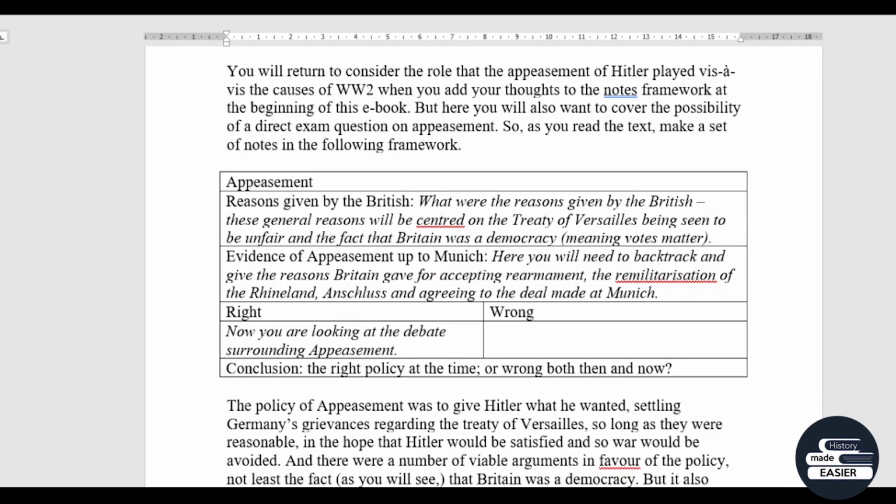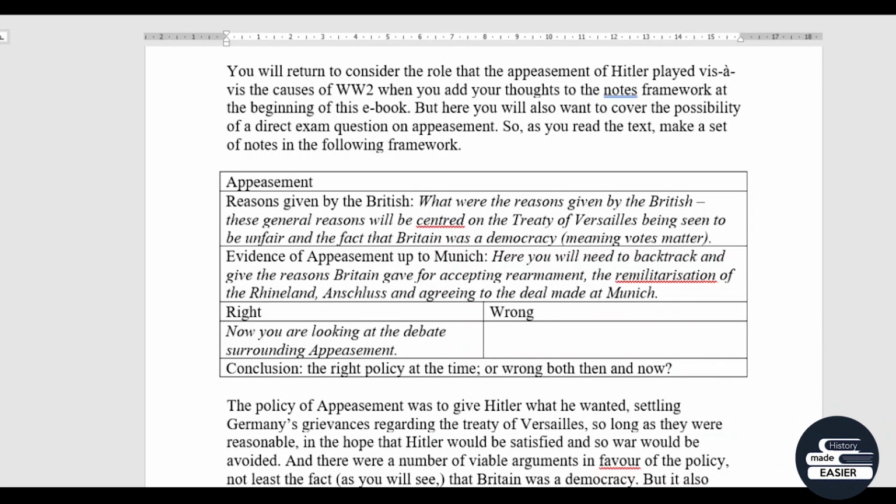But was it the right policy at the time? Or was it wrong both then and now? You know, it's easy to judge appeasement as the wrong policy in hindsight. Not so easy at the time. So let's have a look at the arguments.